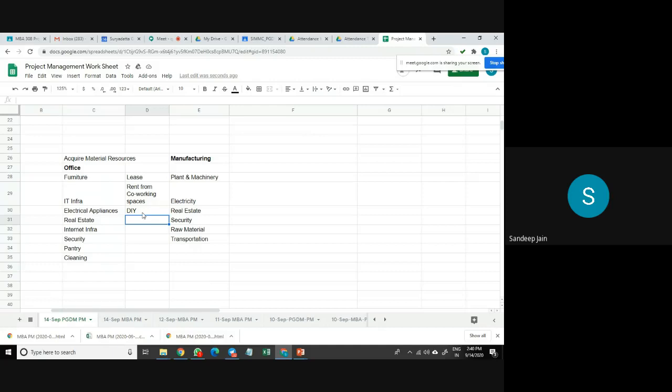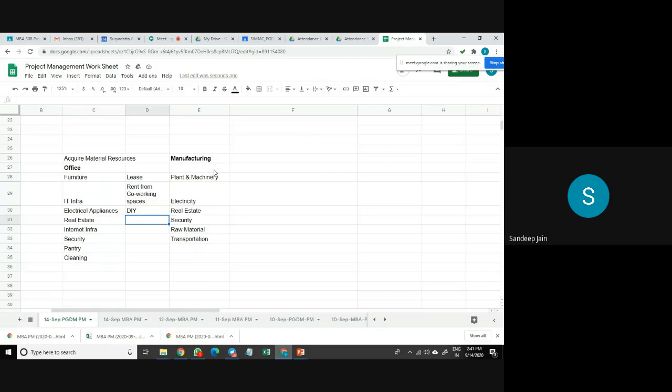So what do you do? Let's say you had a house in Pune. Let's say it is a 5 bedroom old house, and you want to run an office there. Then you're going to buy the furniture and put it there. Buy the printer and put it there, and everything. Buy a lady to do the cleaning, not buy, get a maid to do it. Many startups were started from their garages.